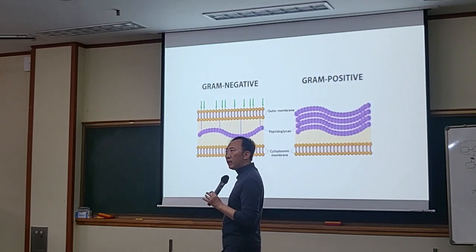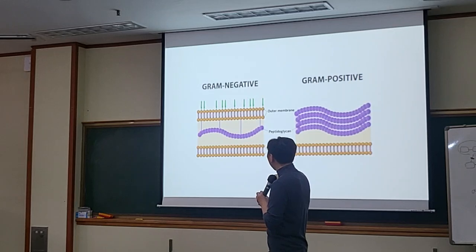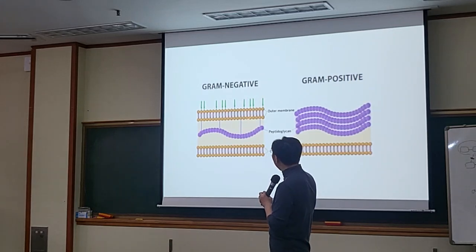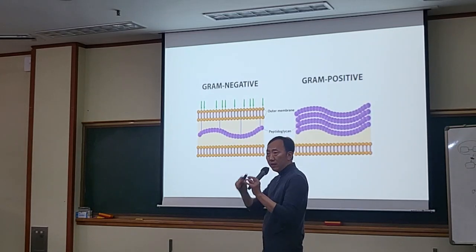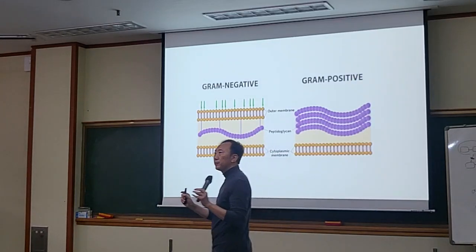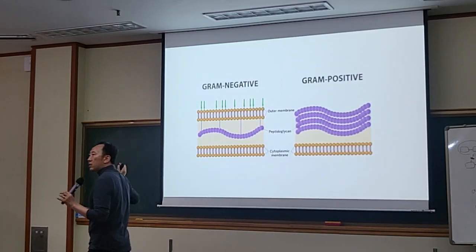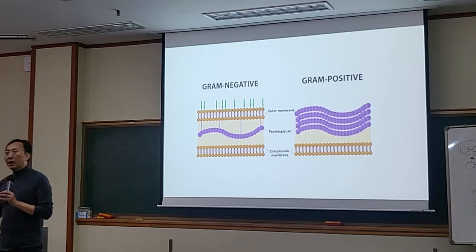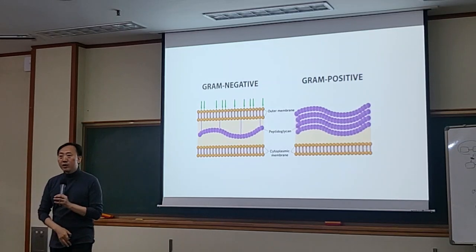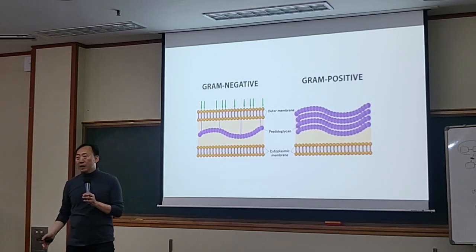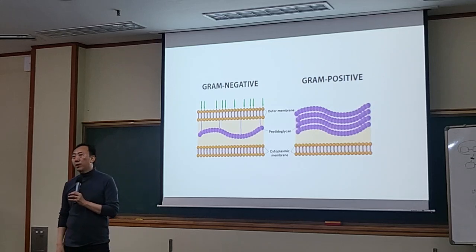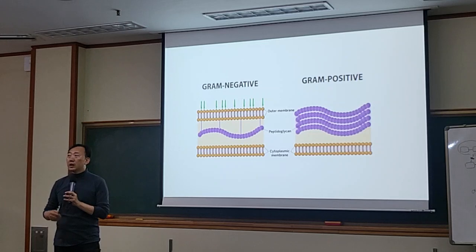That's why it's quite difficult to penetrate the first line. And even after they penetrate, the second line's target is quite small. So this mechanism was elucidated almost half a century later. The gram reagent was discovered a long time ago, but understanding why it showed this difference took another 50 years.